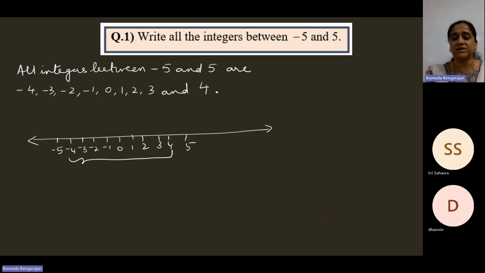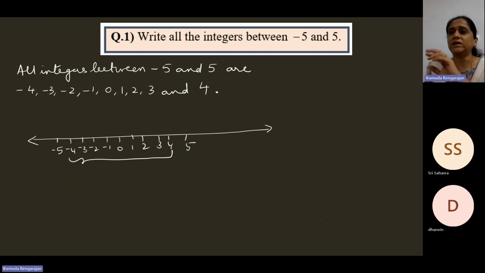Between -5 and 5, yes, there are some integers, but it's countable. These are the only 9 integers between -5 and 5.